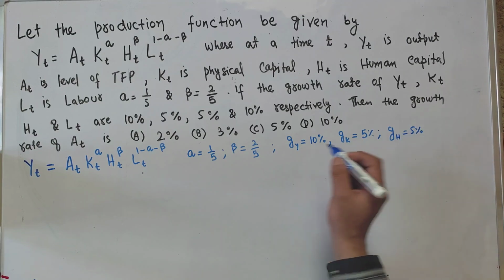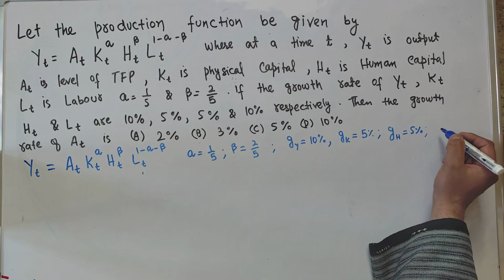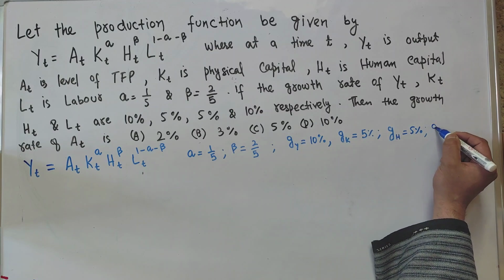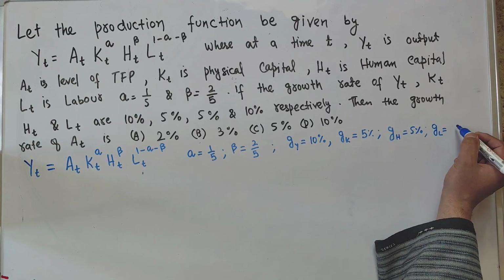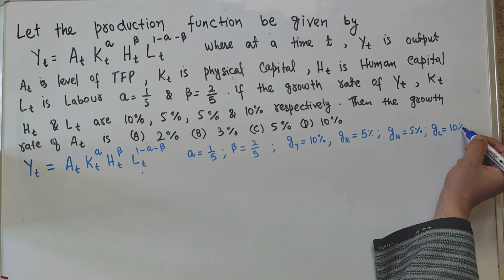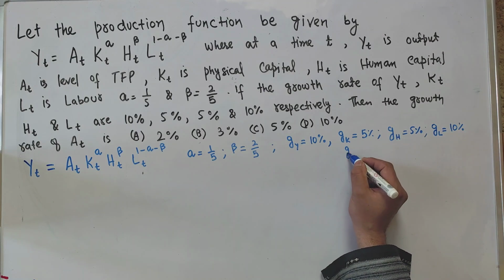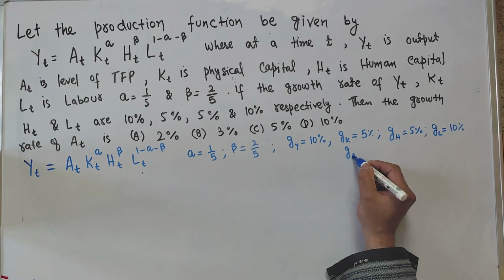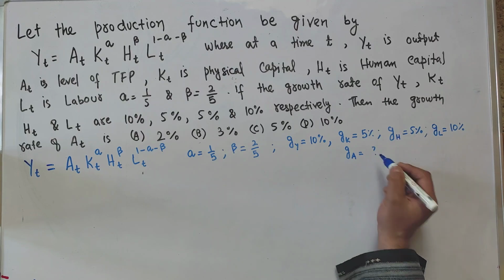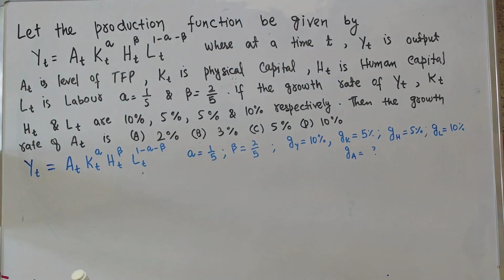The growth rate of labor, let's denote it by G subscript L, is given as 10%. We are supposed to find the growth rate of A, that is, the growth rate of total factor productivity. Given these variables, let us try to solve this question.